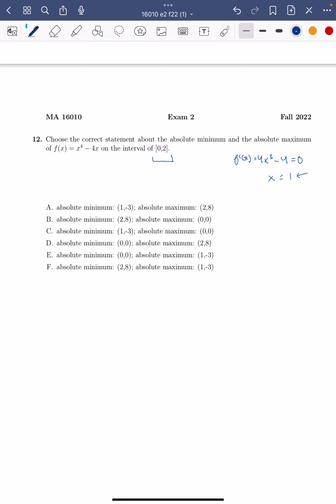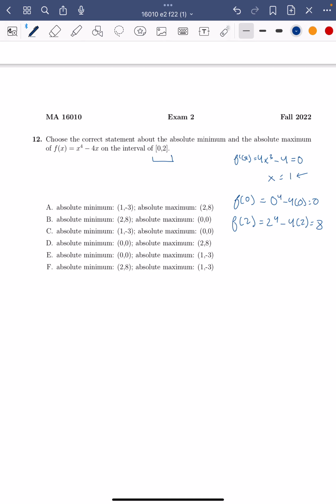So if we go ahead and plug those in, f of 0 equals 0 to the fourth minus 4 times 0, which equals 0. Let's check the other side too. F of 2 equals 2 to the fourth minus 4 times 2, which is 16 minus 8, which is 8.